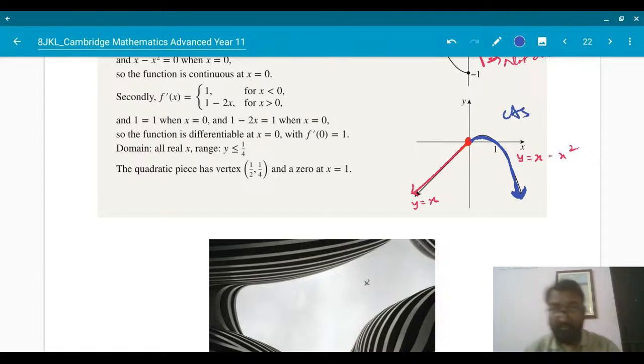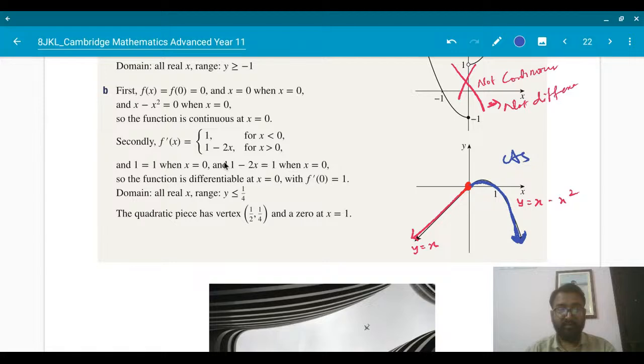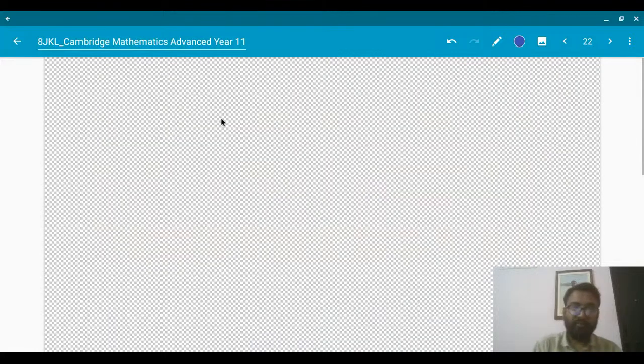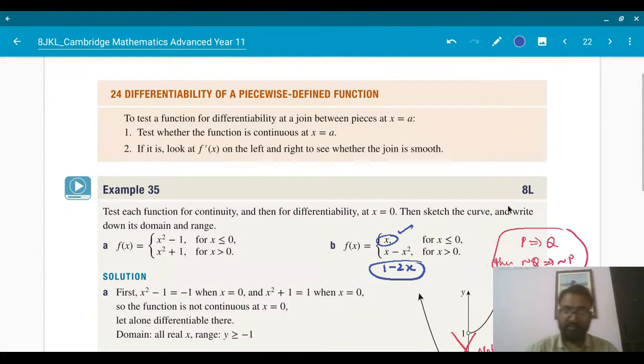Continuous may not imply differentiability, so we have to think again now. For differentiability, you have to take the derivative. The derivative of x is 1, and the derivative of x minus x square is 1 minus 2x.